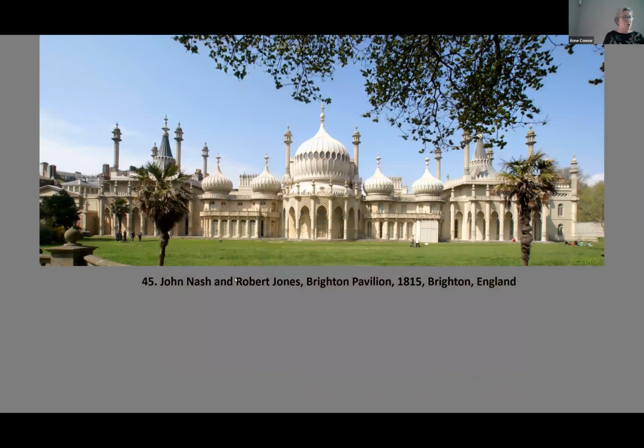Not to forget, of course, the Brighton Pavilion, built in Brighton in 1815 by John Nash and Robert Jones. It was extended by them. It existed already before and became the residence of different princes, the Prince Regent, later known as George IV, was there from 1811, and it started as a retreat for George, Prince of Wales in 1787.